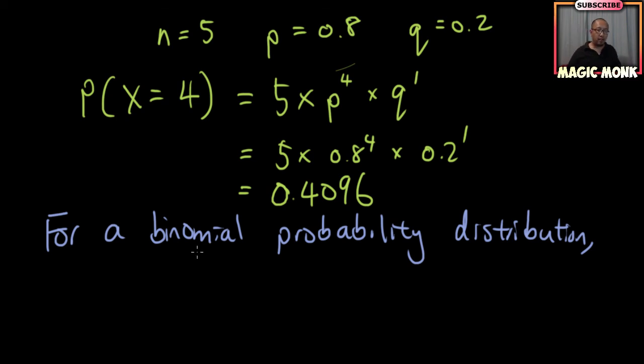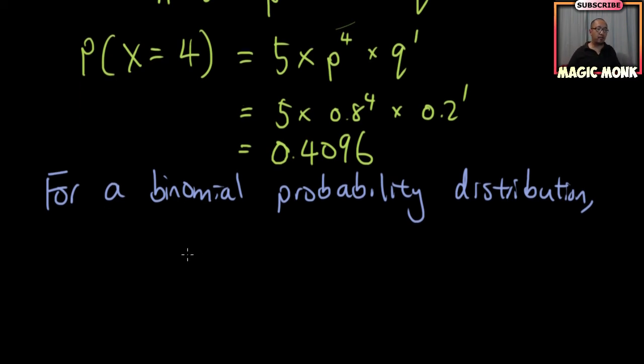For a binomial probability distribution, in every trial in the experiment there are only 2 possible outcomes, success or failure. That's what makes a binomial probability distribution.